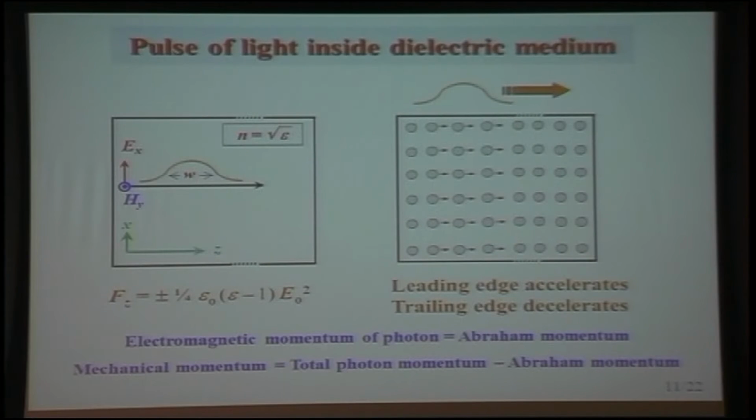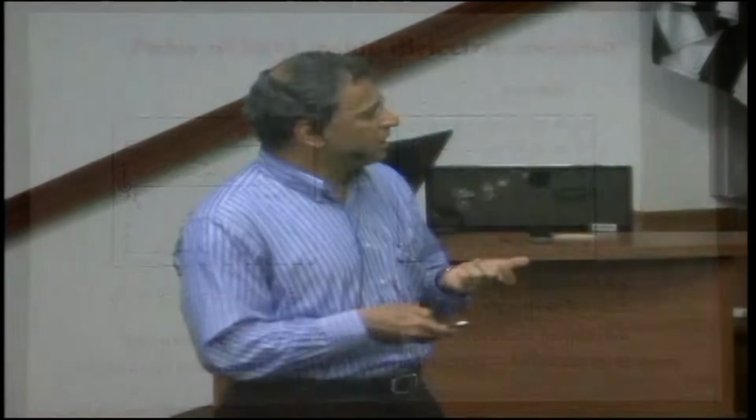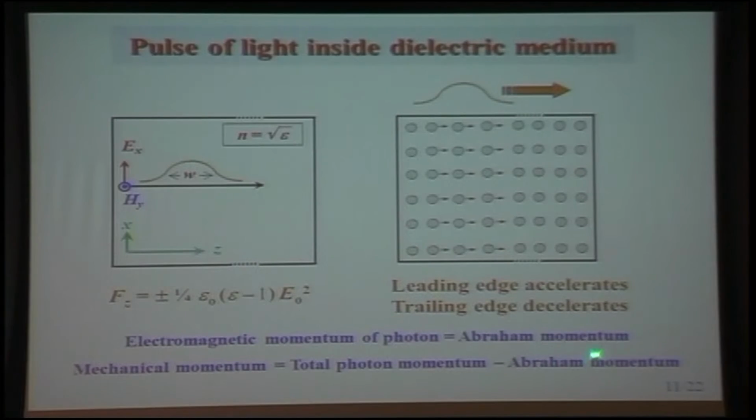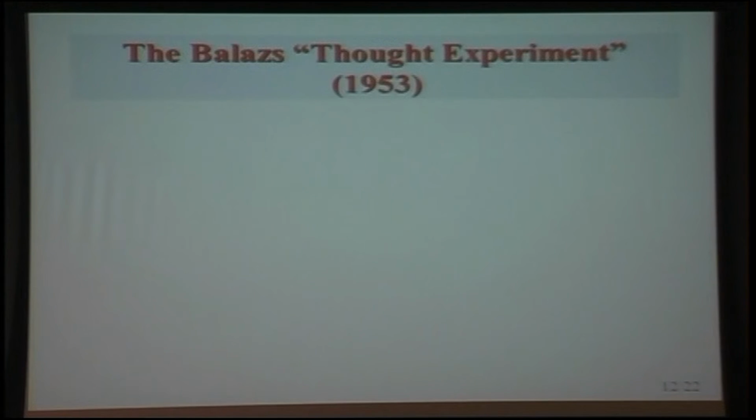And in addition to that, we have electromagnetic momentum. So I'm going to now show that the electromagnetic part is given by the Abraham formula. The total momentum is halfway between Abraham and Minkowski, and therefore the difference between the two is the mechanical momentum, which is associated with the motion of the atoms of glass.